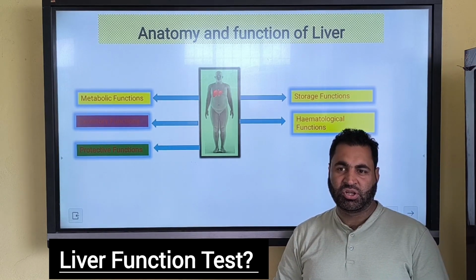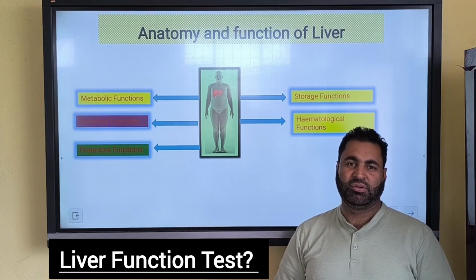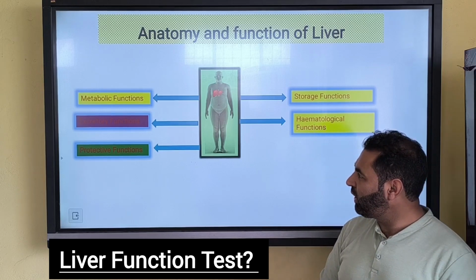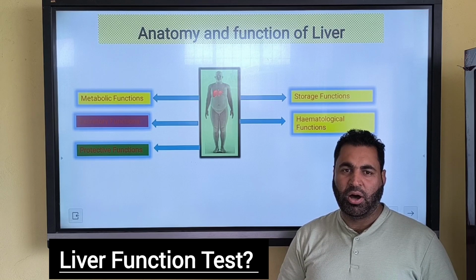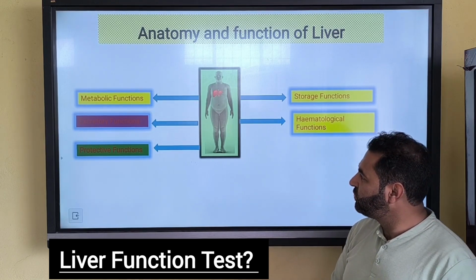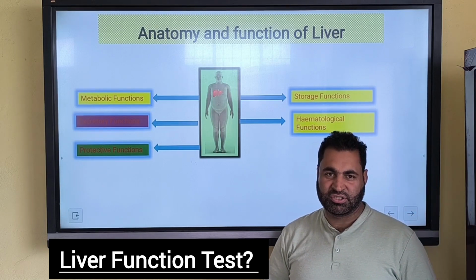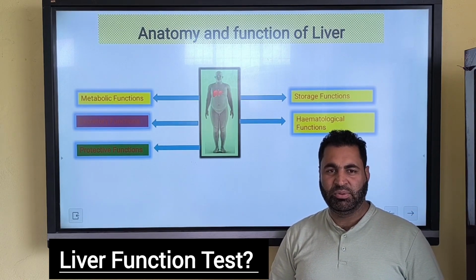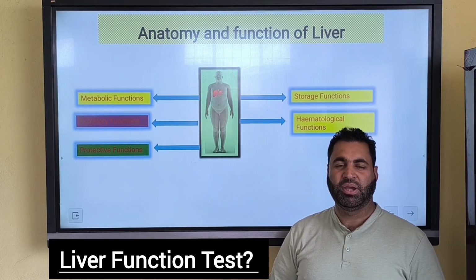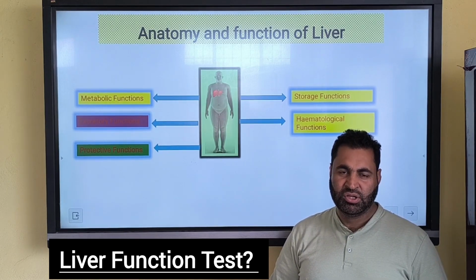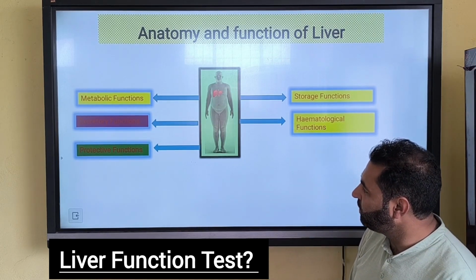Whatever drug, toxin or pollutant goes into our body, our liver is capable of detoxifying it. It is capable of adding different groups to that compound and ultimately making it water soluble. Once it is water soluble, it can be very easily excreted through our urine, because urine also contains water. So this adding of groups makes it water soluble.